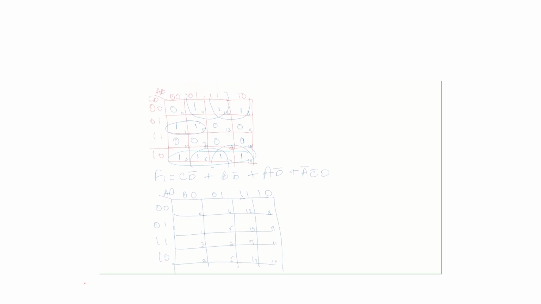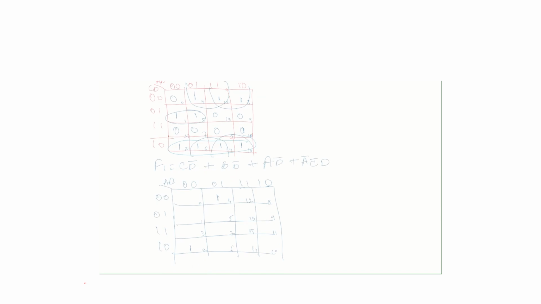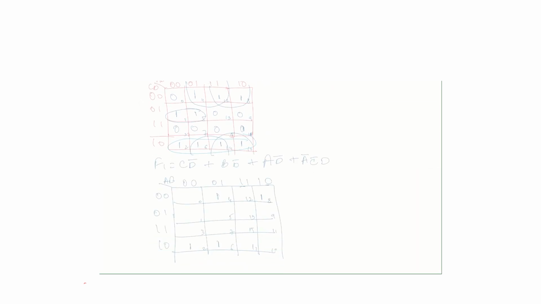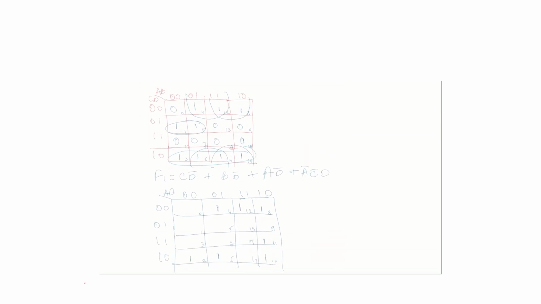So 2, 4, 6, 8, 10, 11, 12, 14, 15. Okay, so these would be the zeros and ones.